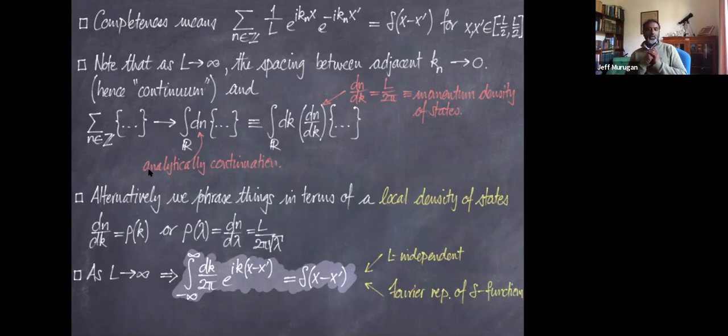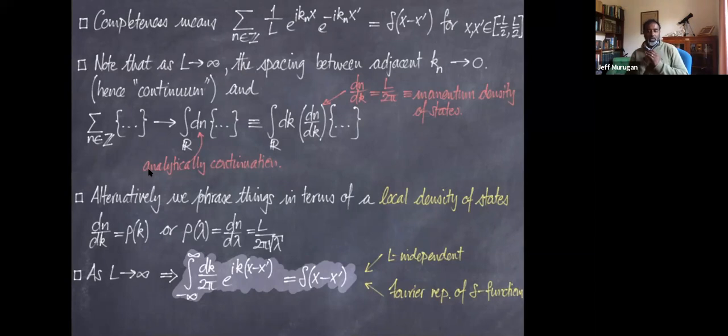And you should wonder, how dependent are these results on the boundary conditions that we impose? Periodic boundary conditions are certainly not the only ones we could impose. We could impose Dirichlet, Neumann, or mixed boundary conditions, all of which are perfectly natural in terms of a physical interpretation for this problem.